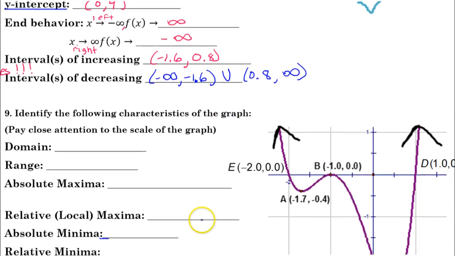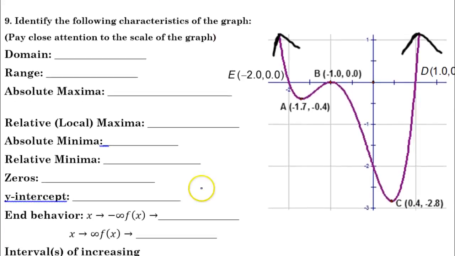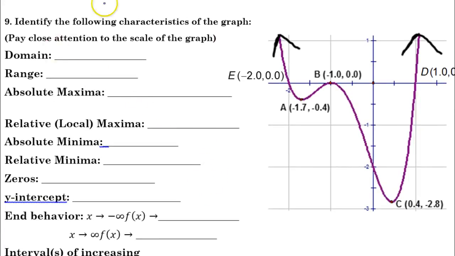Okay, now let's do the same thing one more time to this graph right here. Well, the domain is once again going to be negative infinity to positive infinity because of the way the graph goes left and right forever. The range is all about the y value, so that's bottom to top.